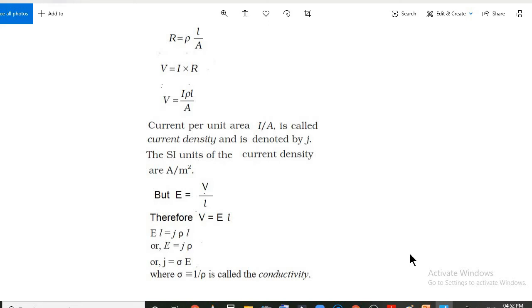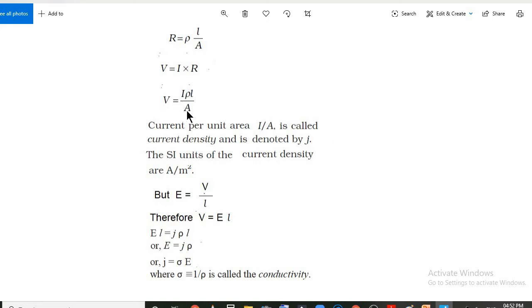If we calculate the total current divided by total area of cross section of the wire, that is known as current passing through a unit cross section.